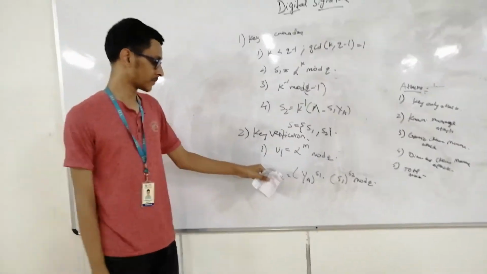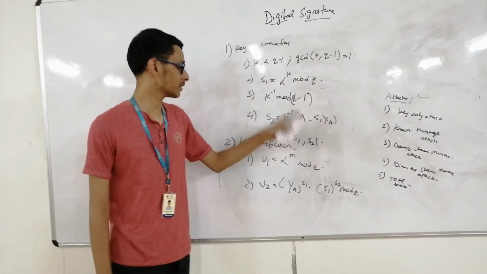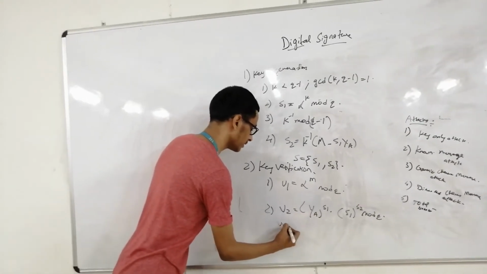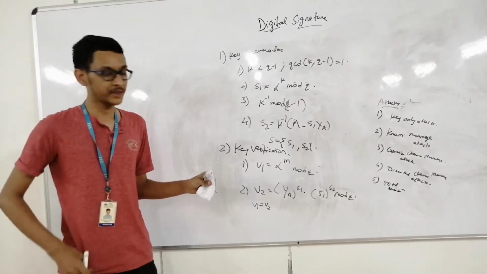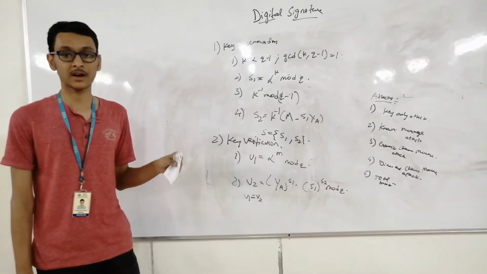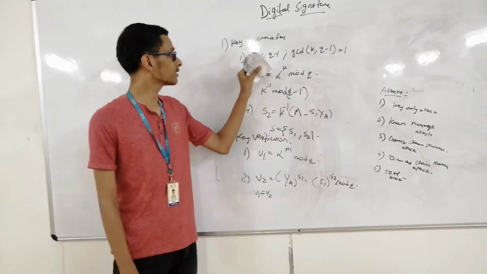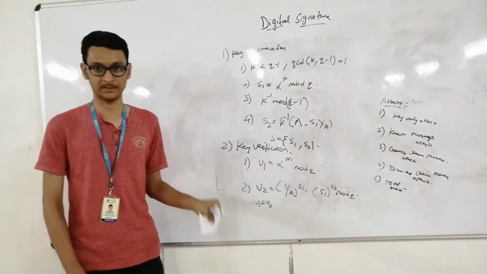Here ya is the public key of the sender, S1 is the signature over here, S2 is the signature over here. And if V1 is equal to V2, then it means that the message has come from the original source. So that is the general process of digital signature in Elgamal.